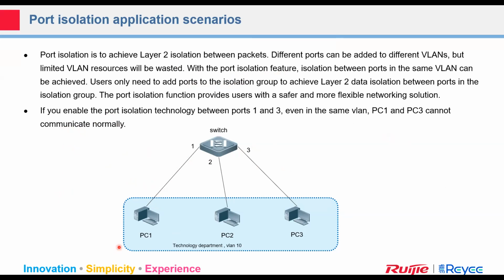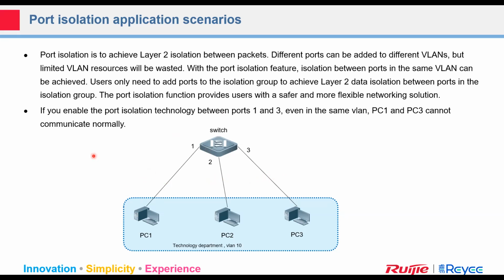So the user needs to add the port isolation group to achieve layer 2 isolation between ports in the isolation group. With this port isolation, it provides users a safer and more flexible network solution.